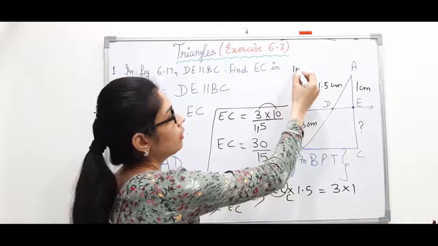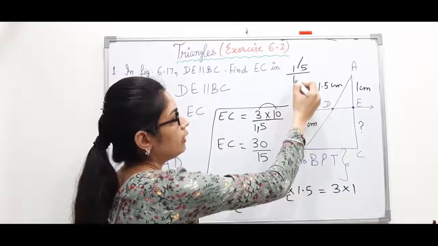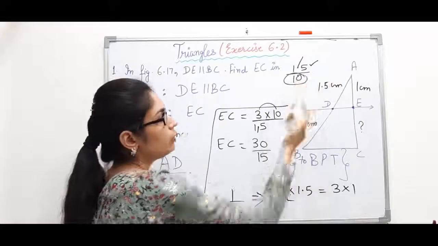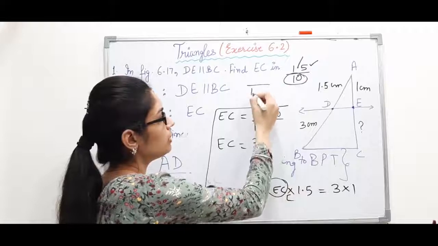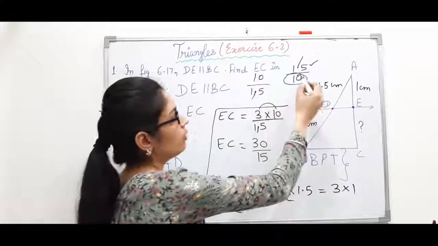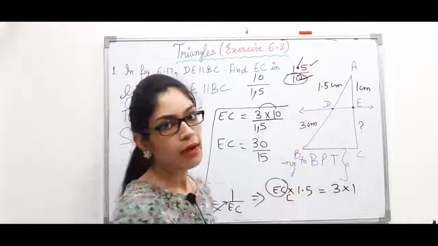See, whenever you are removing a decimal, if the term with the decimal is in the numerator, then you have to write the multiplier in the denominator. If the term is in the denominator, you have to write it in the numerator. The number of zeros will be the same as the number of digits you have after the decimal.